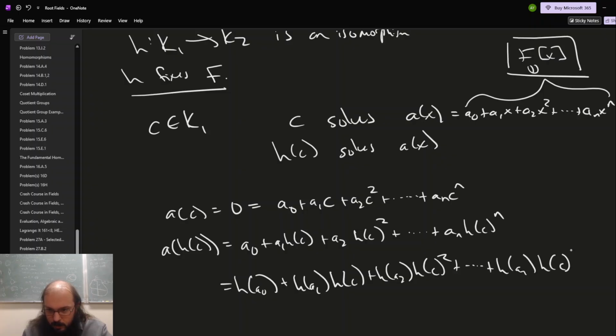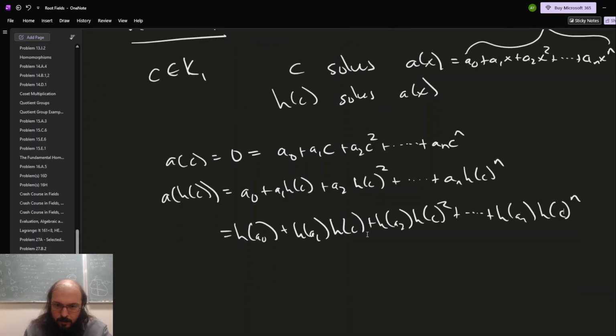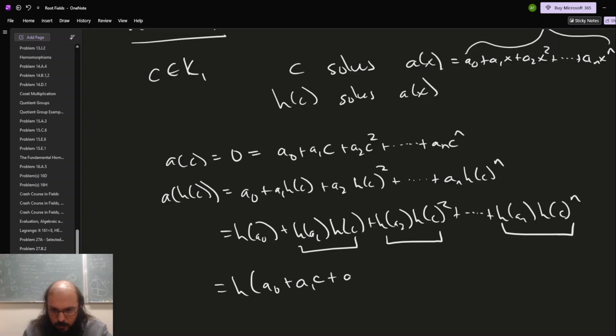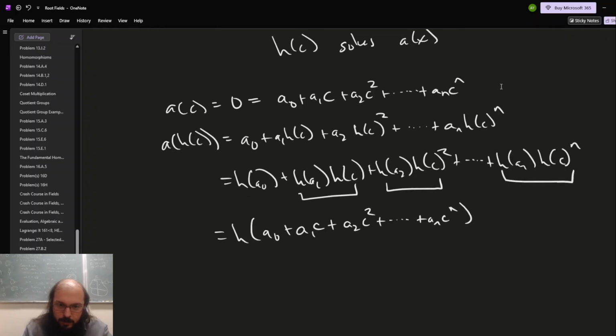Well, because this thing respects multiplication, I can combine all of these into one H. And because it respects addition, I can combine them all into one big old H. But you see from the very first part, C solves that polynomial. So H of all this stuff is just 0, right? All this stuff equals 0. And H of 0 equals 0 because it is an isomorphism.